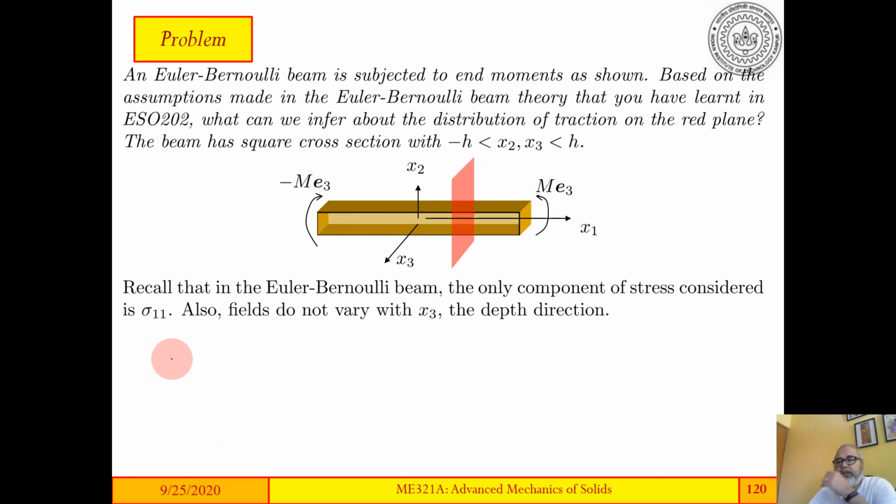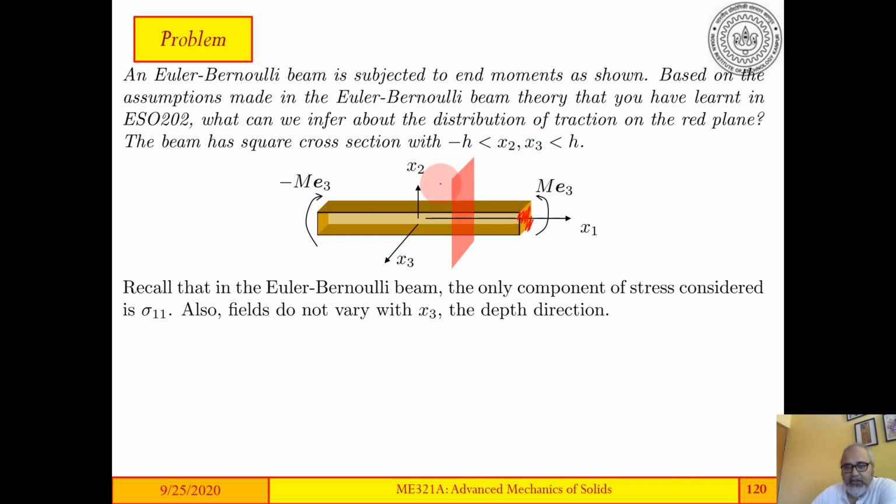The only component of stress in this problem is in the one direction. For the basic Euler-Bernoulli beam theory without the shear corrections, sigma 1 is the only component of stress. Our beam, for simplicity's sake, has a square cross section of h by h.